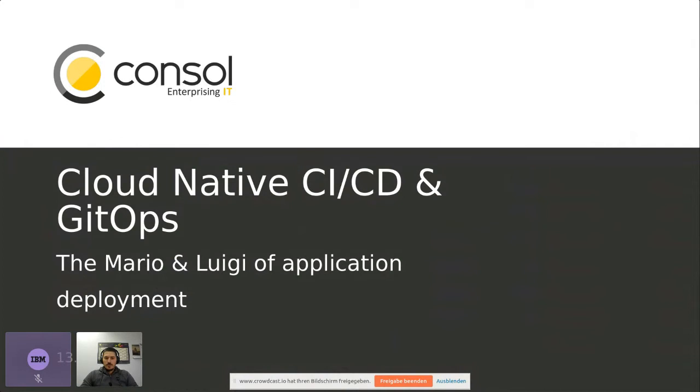Most of the time today, we will do a live demo and really deploy an application to OpenShift. Actually, we will deploy the Quarkus application that my colleague Marco showed in the last talks. And hopefully the demo will be fine today.